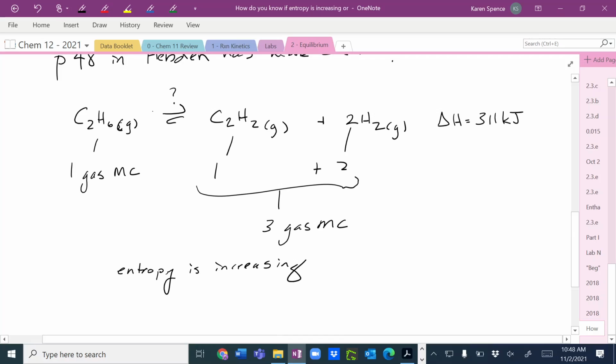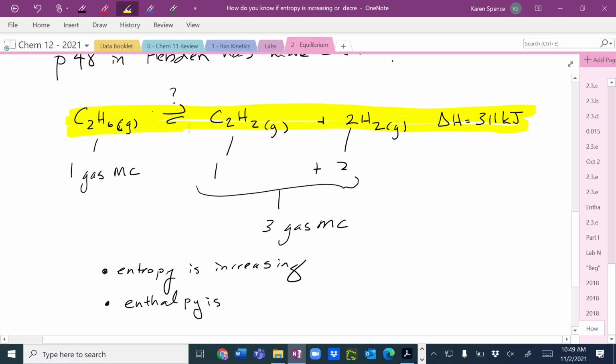But while we're up here, I figure we might as well look at this one and say, what's happening to our enthalpy? Our entropy is increasing. What's happening to our enthalpy? So tell your partner, what side does the heat term go on?